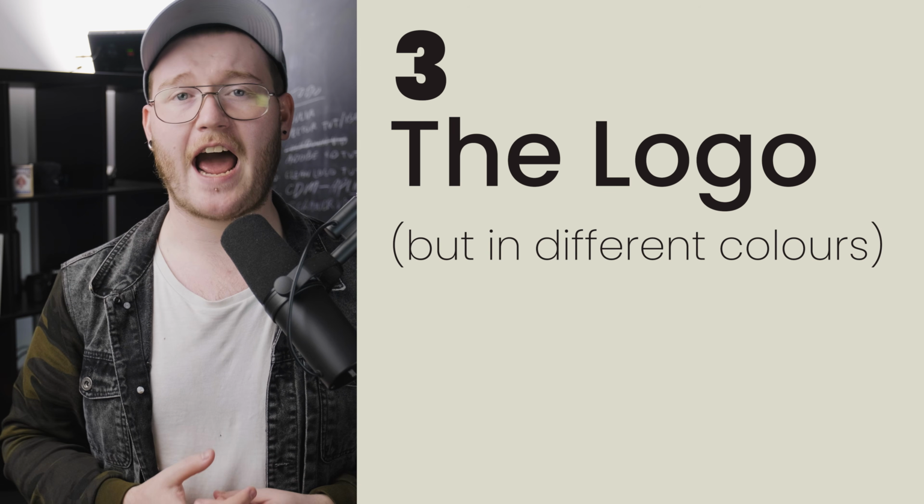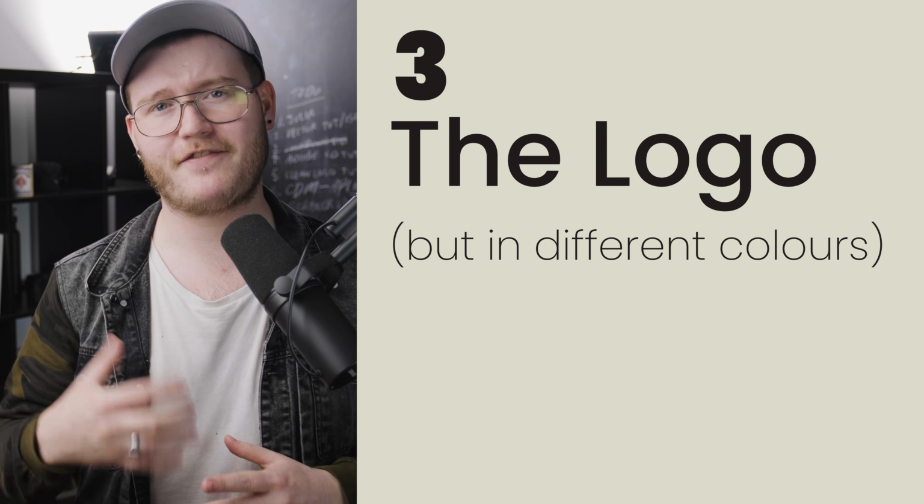You need to also have a one color logo design and full color logo design in different color formats. Now, depending on how the client is going to be using the logo, it's always a good idea to have your logo given in CMYK and RGB.